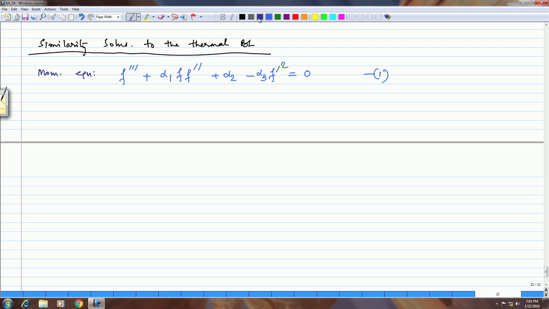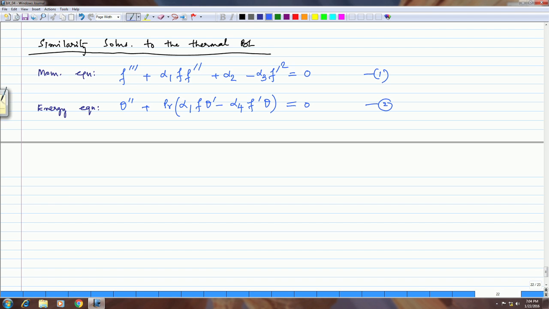And the energy equation. I'm just reproducing these two equations right here.